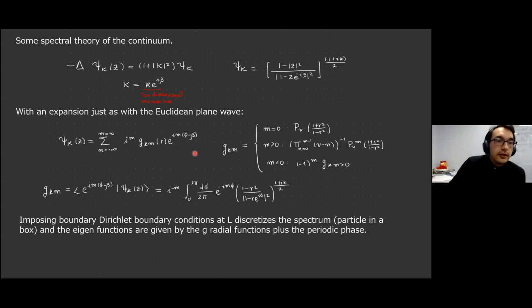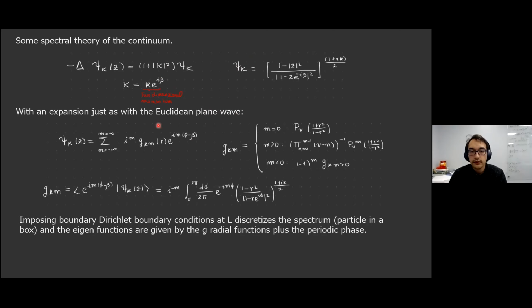Okay, so now that we have a Hamiltonian in the continuum, the next task is to go through some spectral theory of the continuum. The spectral theory of the Laplacian in hyperbolic space is well known. So we know that the eigenwave functions have these eigenvalues and they have this form.